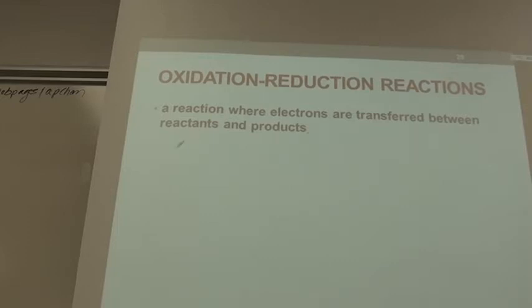This is the way I say it: redox, redox. And because you're transferring electrons, you have to have a pair. Reduction must happen with oxidation. You can't just have a reduction and have electrons coming from nowhere. These things must be paired together.